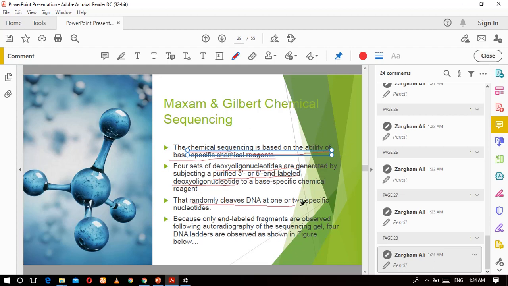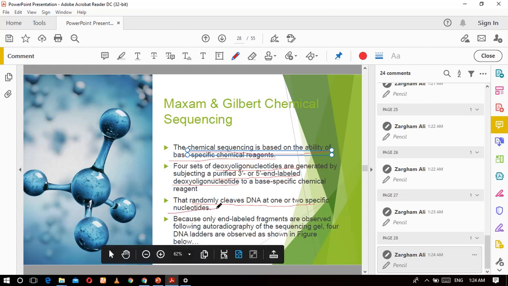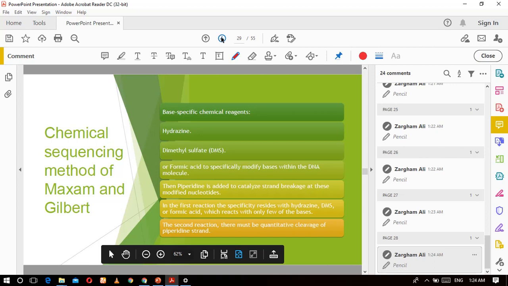They randomly cleave at one or two specific nucleotides. The demonstration is given below.